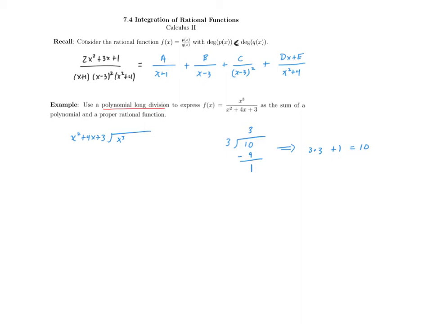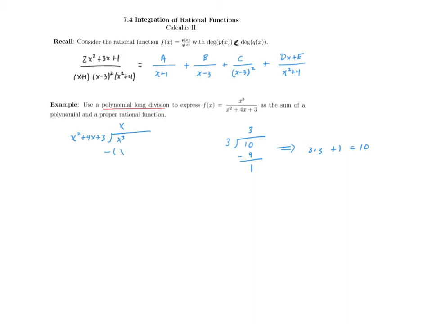For now, with our polynomial division, the only difference is we focus on the leading or largest term. We ask ourselves, x squared multiplied by what gives us x cubed? And the answer is x. Then we subtract away the product of x with our polynomial.